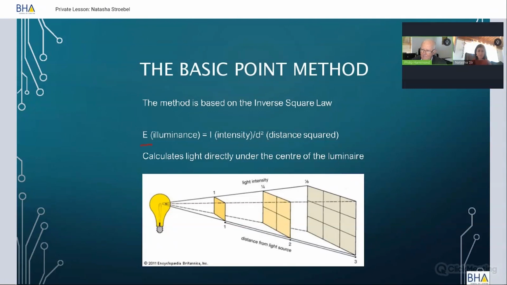All right? So always remember that: the higher the light is from the area we want to light, if we want to achieve a certain value, we're going to have to use a brighter light to make that value, because of the inverse square law. Okay.